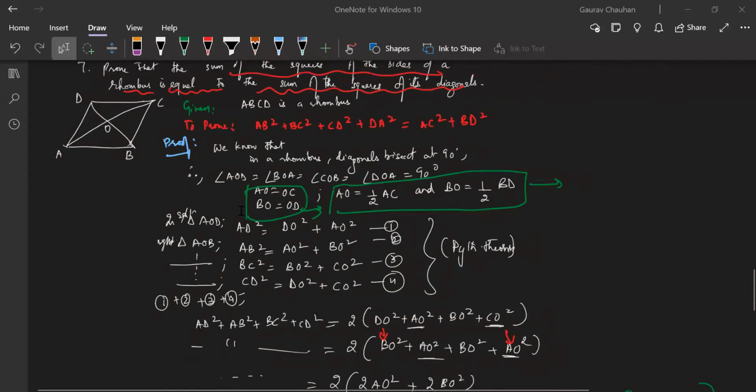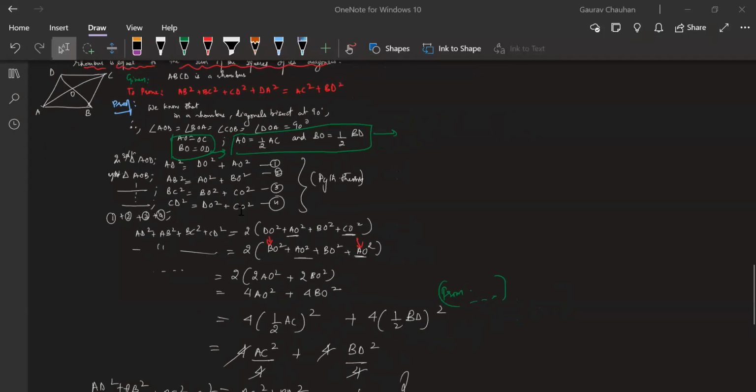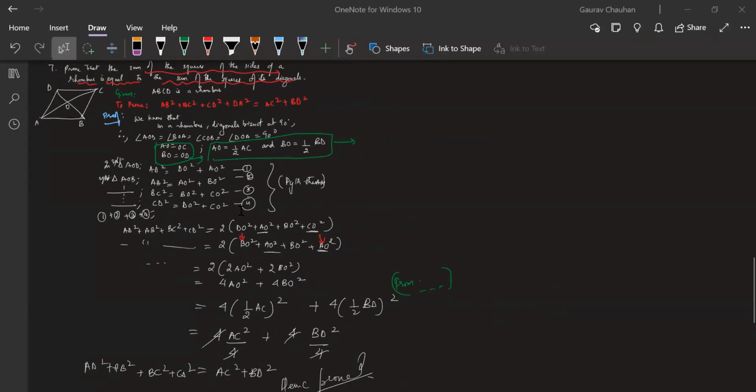Yes, Bindu. Sir, I did not understand that red color arrow part, sir. This one? Yes, sir. Bindu, we have told earlier that BO is equal to DO, no? Why is that equal? Because diagonals are bisecting, no? So BO is equal to DO.